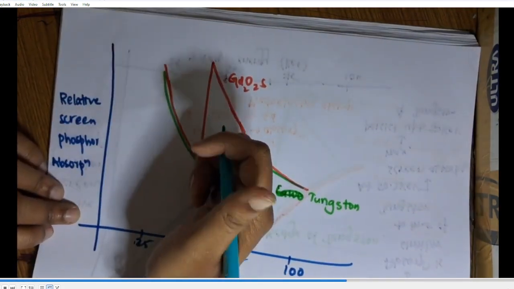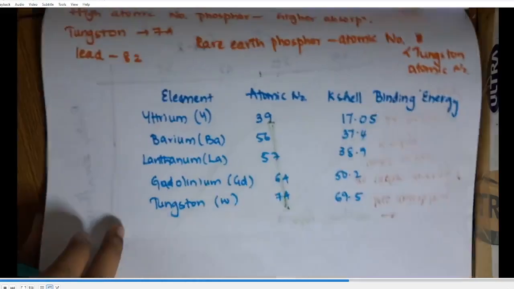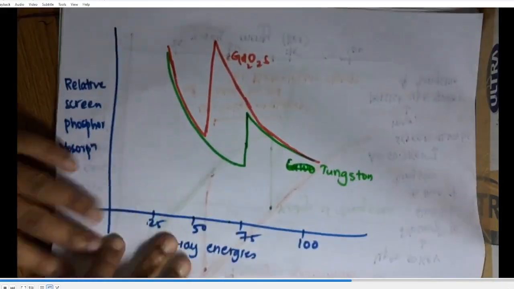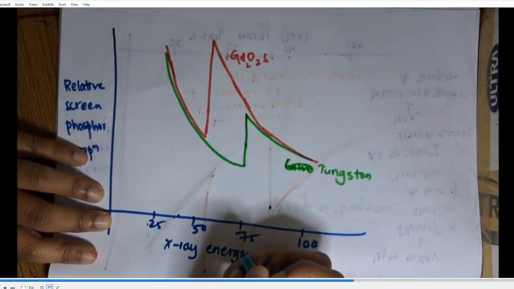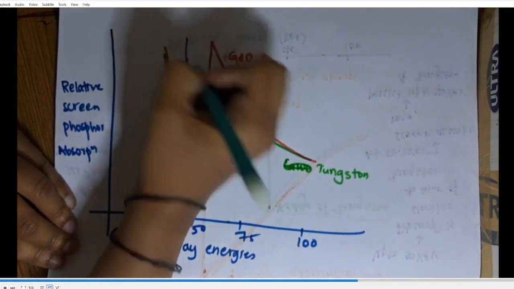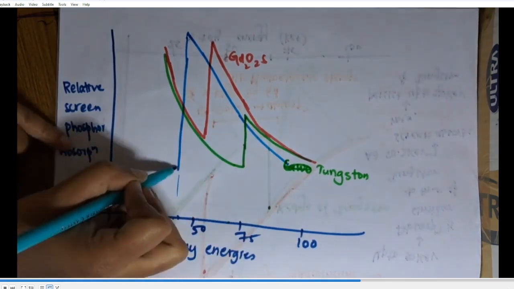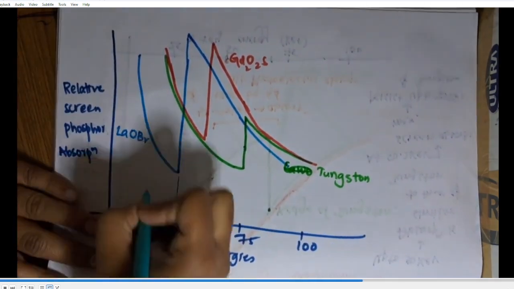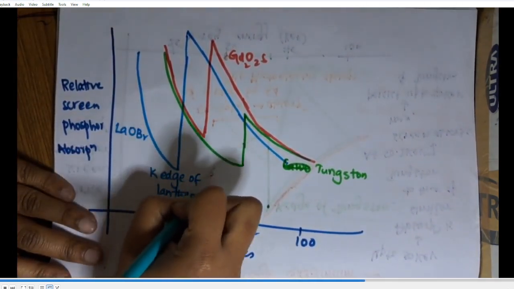Now we are going to incorporate one more new element, lanthanum, with a K-edge of 38.9 kilo electron volts, so maximum absorption occurs at around 39 kilo electron volts. This is lanthanum oxybromide.